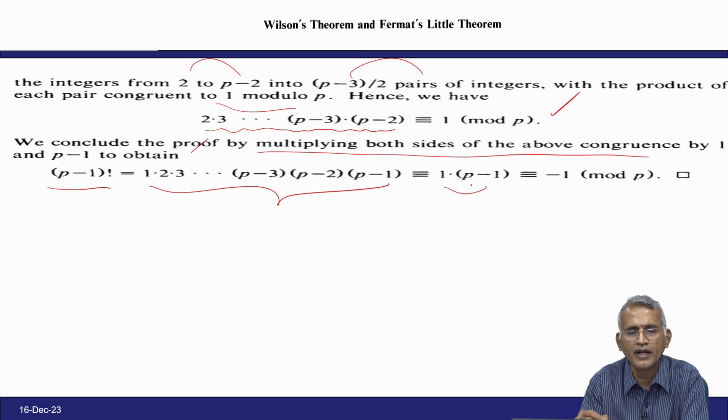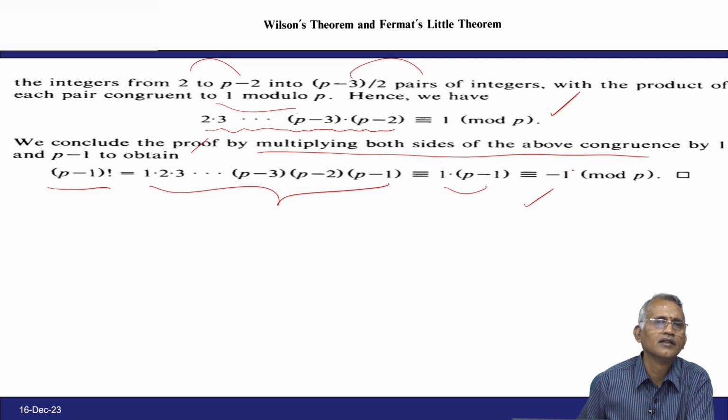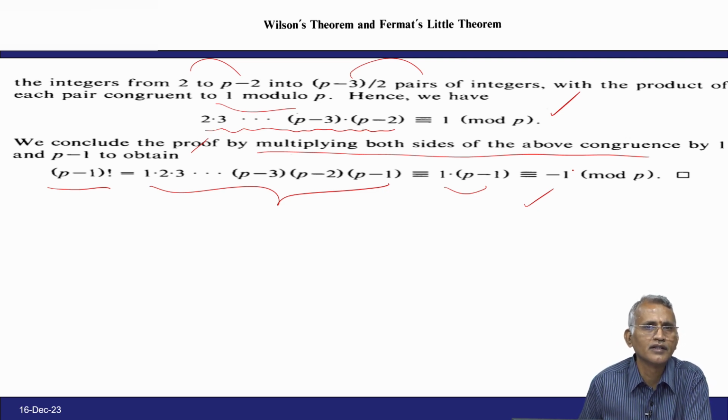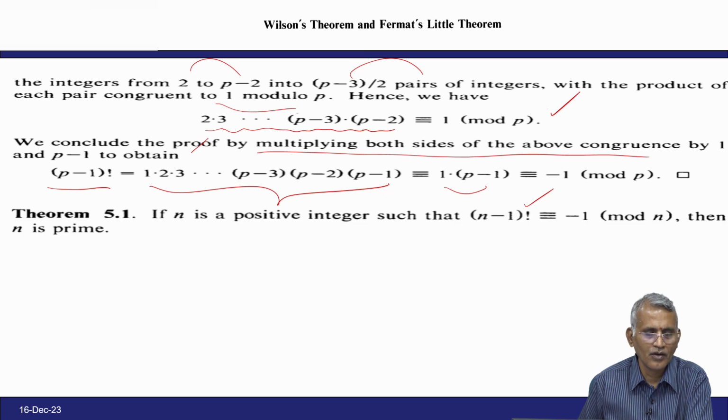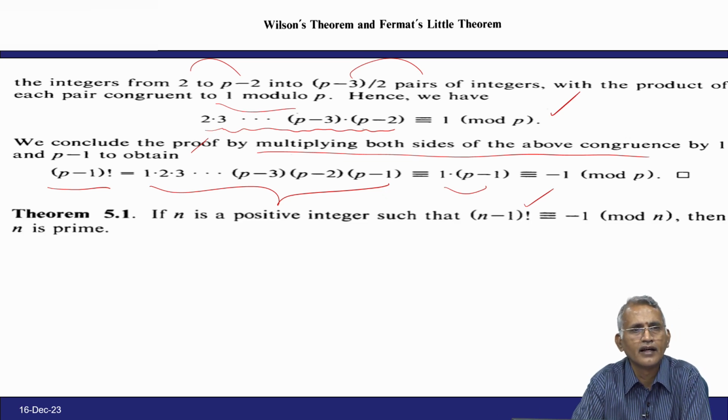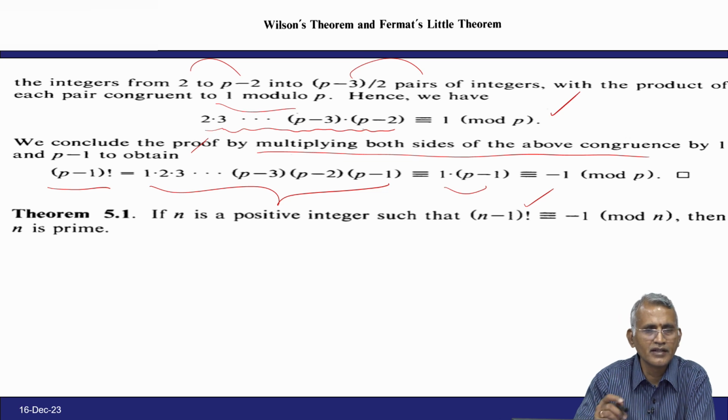Therefore, p minus 1 factorial modulo p is congruent to minus 1. Hence, we have a proof of Wilson's theorem.